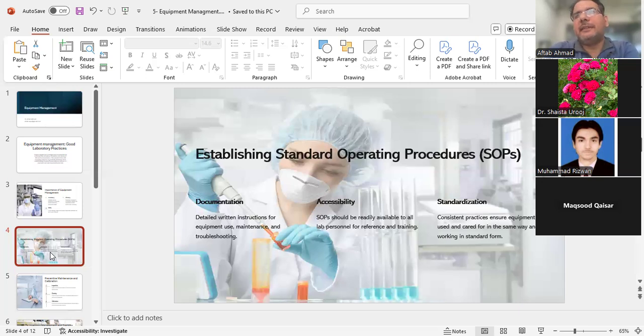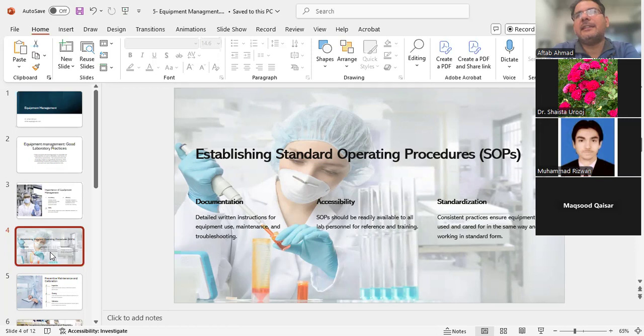There should be written instructions if you are using some sophisticated equipment, for example an ultracentrifuge, a PCR machine, a gel documentation system, or a biosafety cabinet. There are properly written procedures for them, so you have to follow those SOPs.